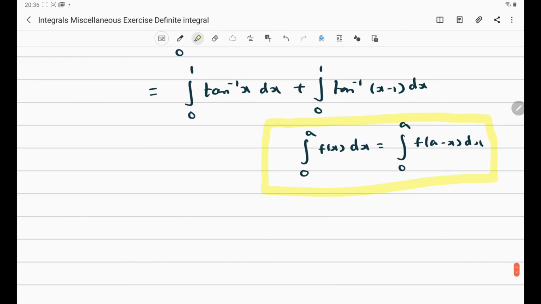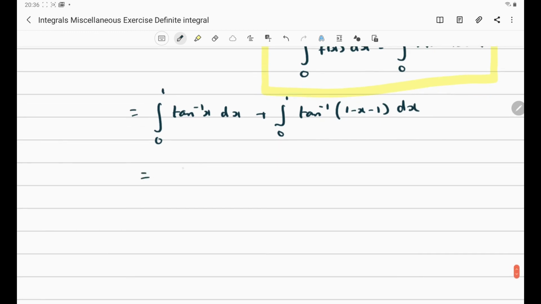So, we can make use of this and write it as integral from 0 to 1 tan inverse x dx plus integral 0 to 1 tan inverse of, in place of x we can write a minus x, so 1 minus x minus 1 dx, which is 0 to 1 tan inverse x dx plus 0 to 1 tan inverse of 1 gets cancelled and we get tan inverse of minus x dx.